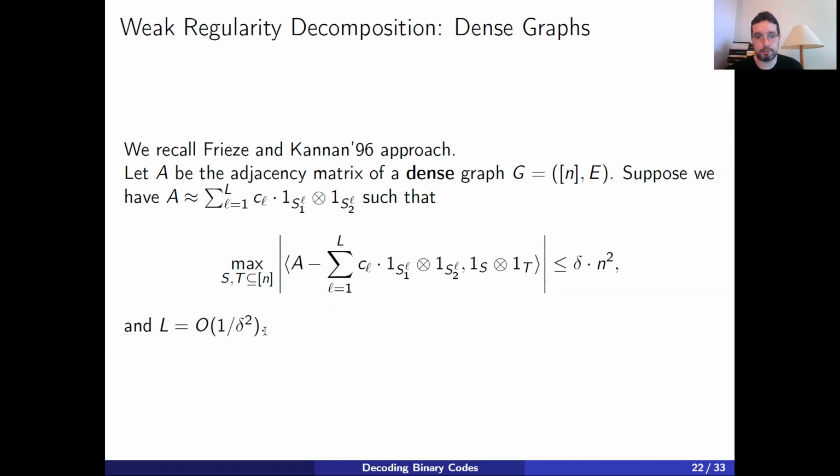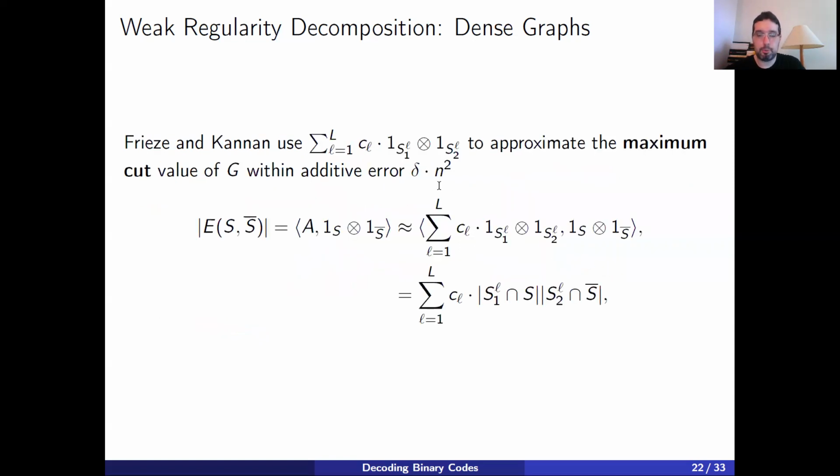That's a small rank solution. And we also want A and its approximator to be indistinguishable with respect to cut matrices. So here, as we take the max of the difference between A and its approximator, with respect to the inner product of 1S and 1T, this is at most delta n squared. And notice that this only makes sense for the dense case.